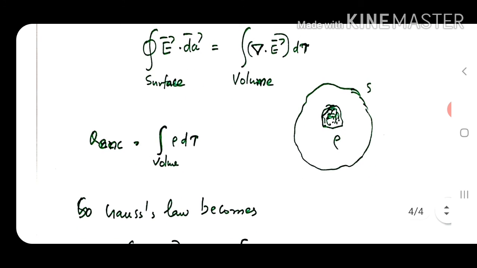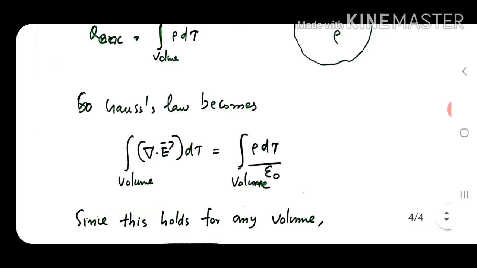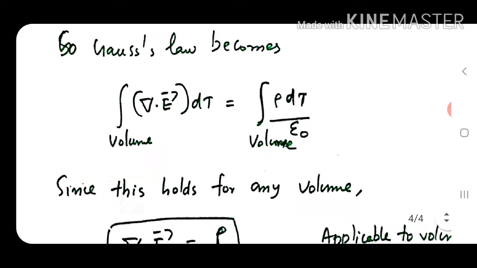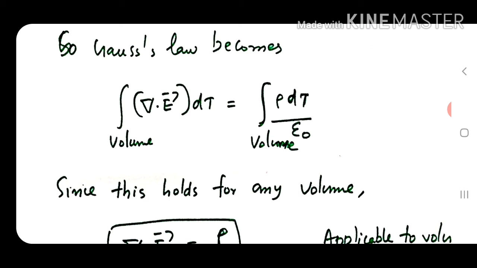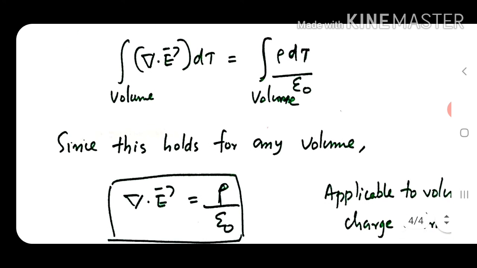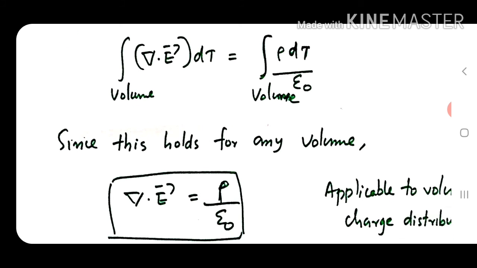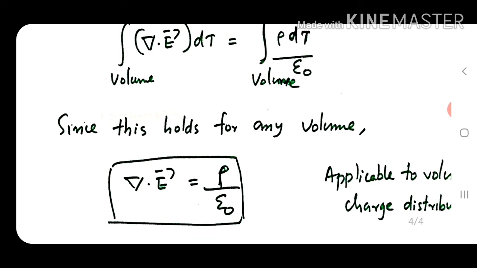Now we know by Gauss's law, flux is equal to charge enclosed by epsilon 0. We apply that. So the integral over the volume of del dot E d tau equals the integral over the volume of rho d tau by epsilon 0. This holds for any volume.